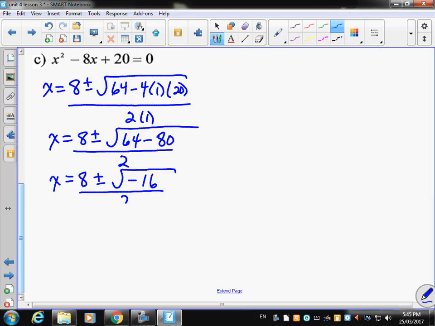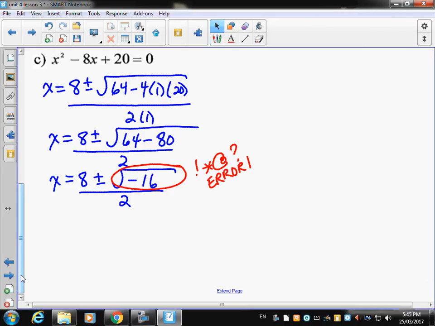Oh no. If we type in the square root of a negative number onto our calculator, what's going to happen? It's going to swear at you. Calculator swear actually looks like error. But it's going to swear at you, and that means there is no answer, silly. There are no x-intercepts.